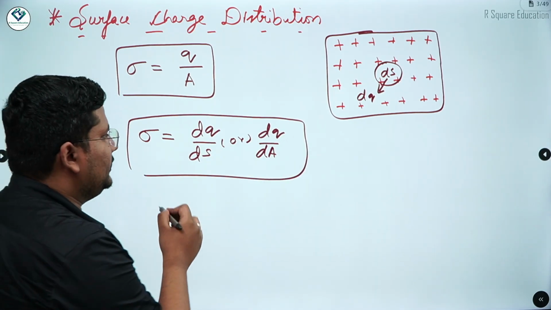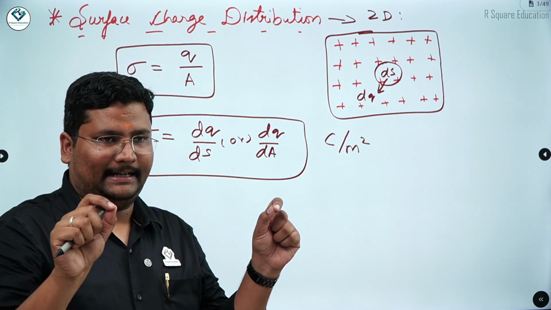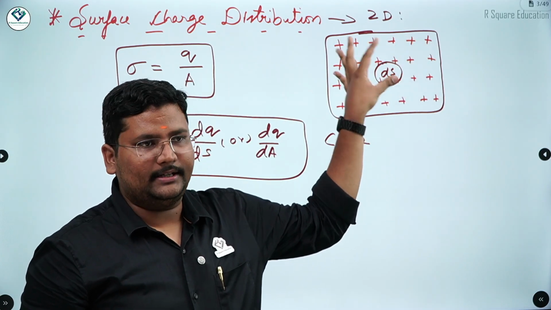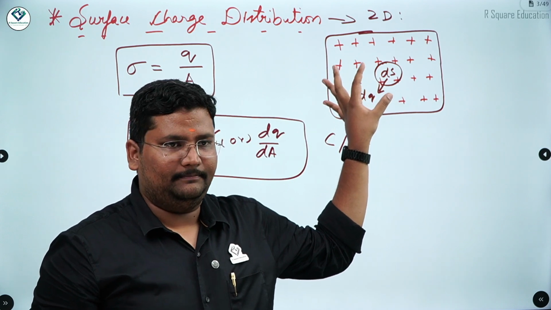Okay, and what is going to be the unit here? Coulomb per meter square. So this is nothing but 2 dimension. The previous one was 1 dimension because you took only a line. In this case you have taken an area which is going to be a plane, right? So it is going to be distributed over 2 dimensions. Is that clear?